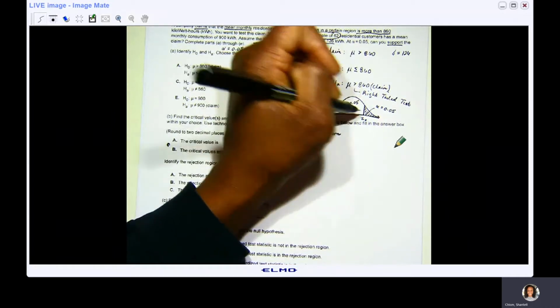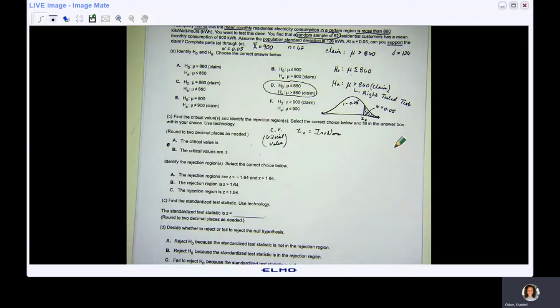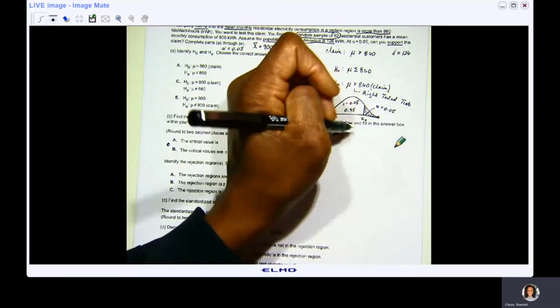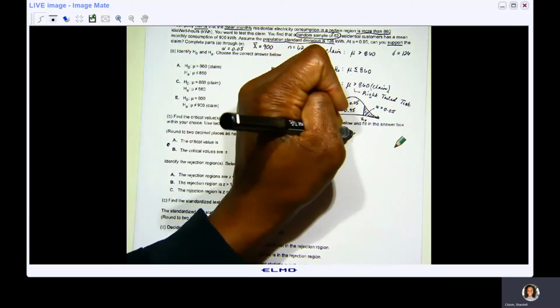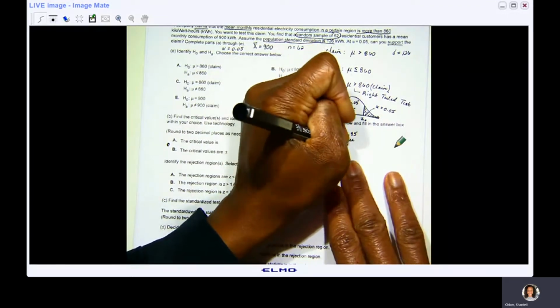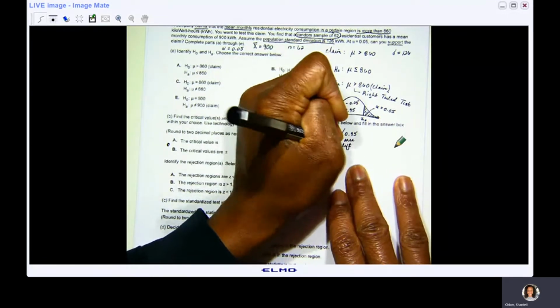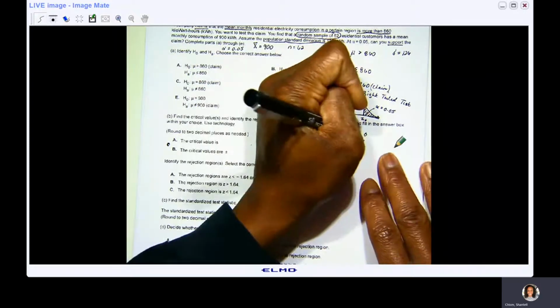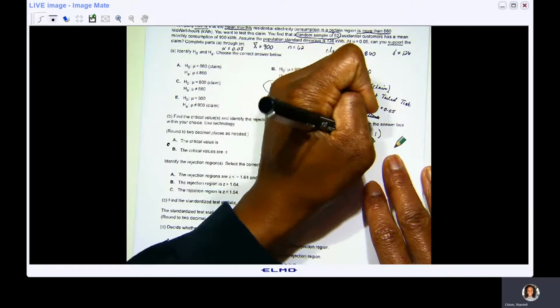The area to the left of z will be 0.95. So when I get ready to find that critical value, I have to use the area to the left, which is 0.95. And because it's z, remember the mean is 0, the deviation is 1.